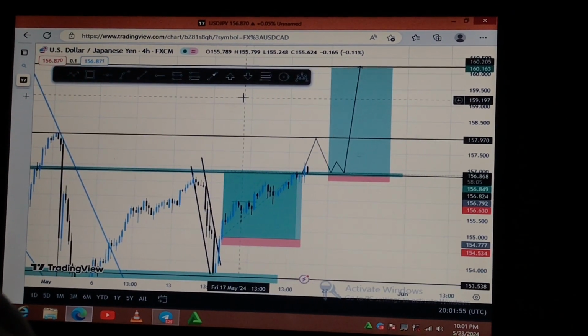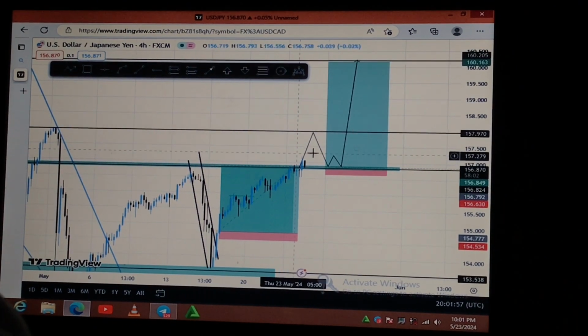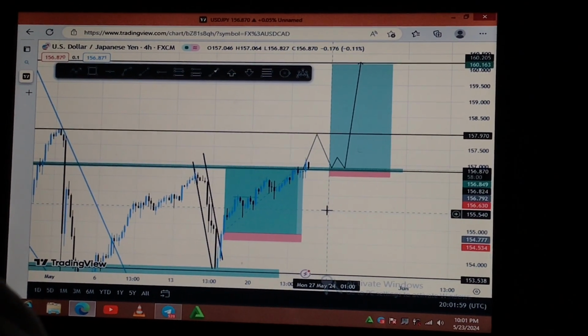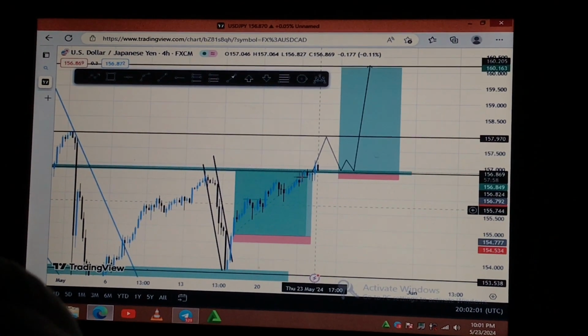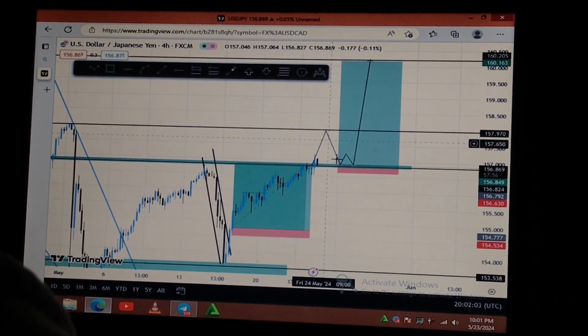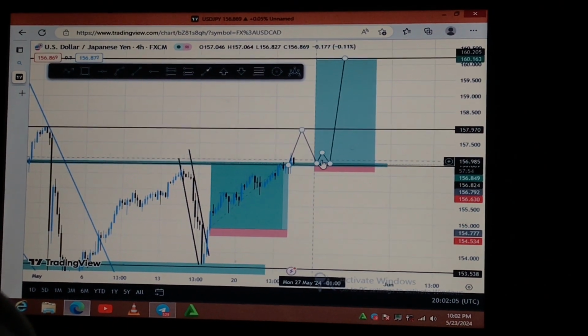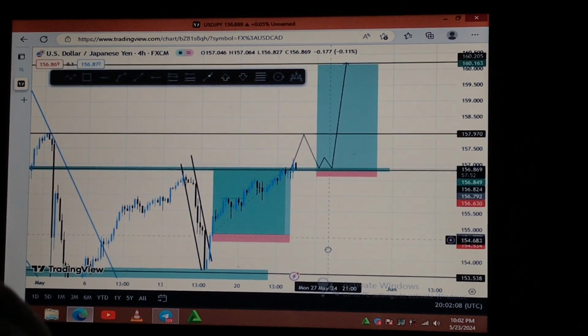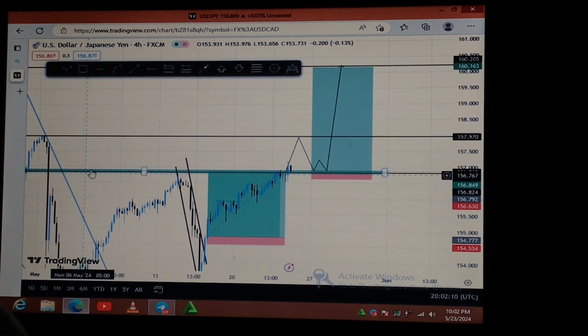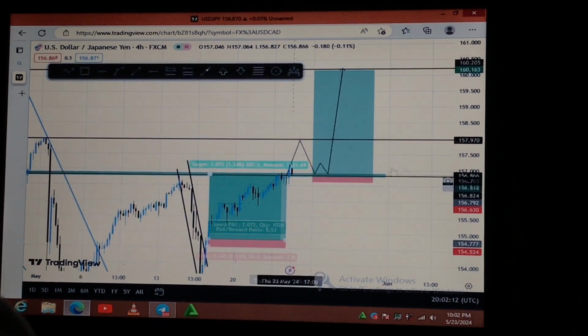So yeah, I'm gonna show you how I took this trade. Okay, Lana, as you can see, we're currently waiting for the market to come to this point and then come back for a retest, give us some sort of a double bottom and then push up. As you can see, this is our zone.